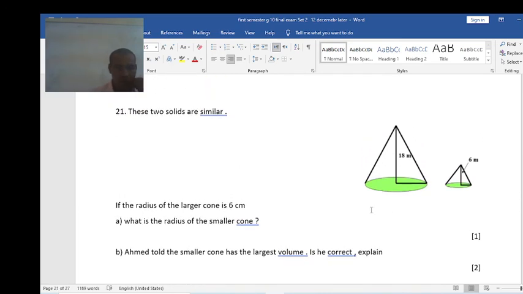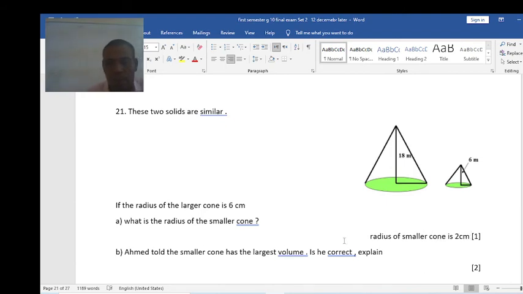So these two solids are similar. Clear? What is the value of the radius? The radius of the smaller cone is 2 centimeters.